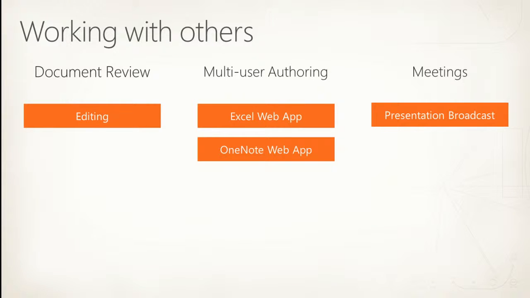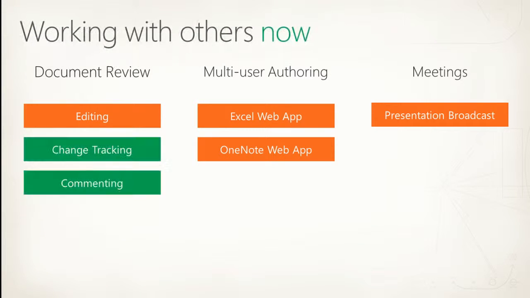You can be making edits, and that's a seamless experience. In 2010, we delivered Excel web app and OneNote web app. And for meetings, the WAC participated in the meeting scenario by offering presentation broadcast. You could go into PowerPoint, start a presentation, and anyone could view that presentation in their browser, even if they didn't have Office on their machine.